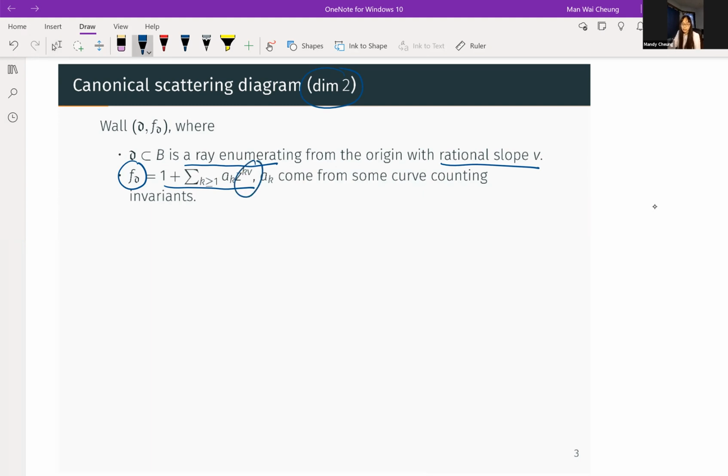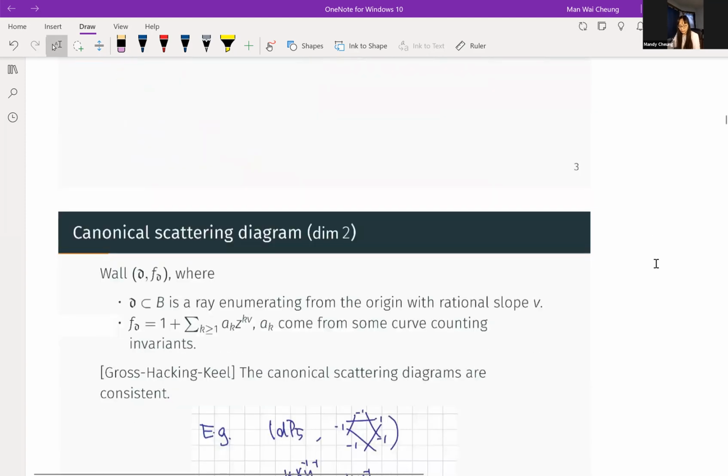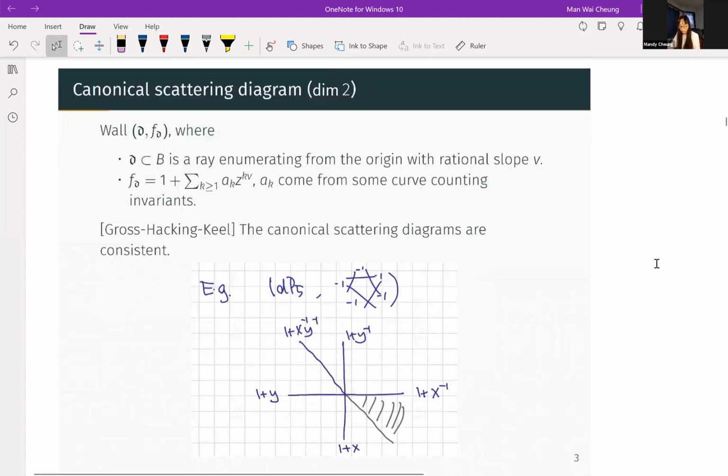In Mark's talk he already told us that the coefficients here, or the log of this f_d, come from some Gromov-Witten invariants. Again, it's an ongoing example.